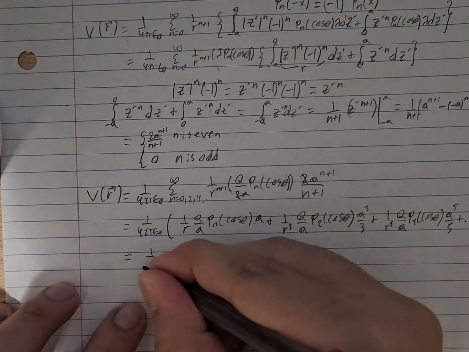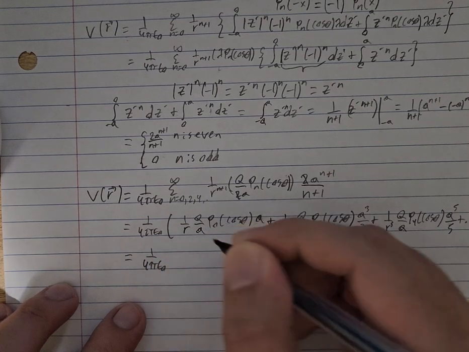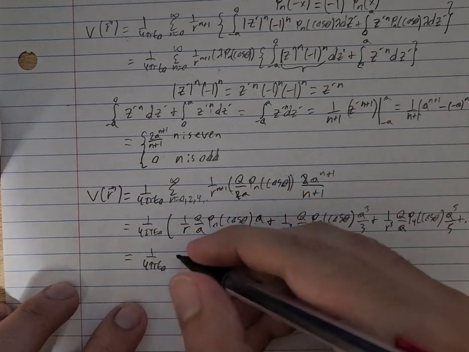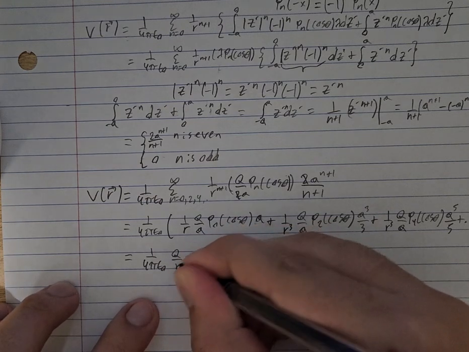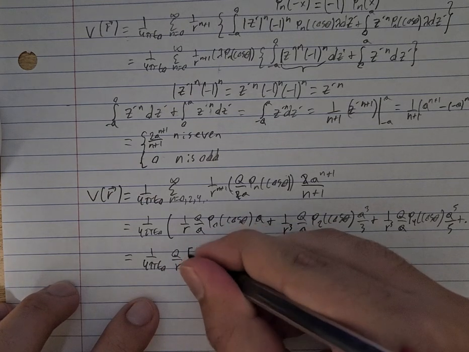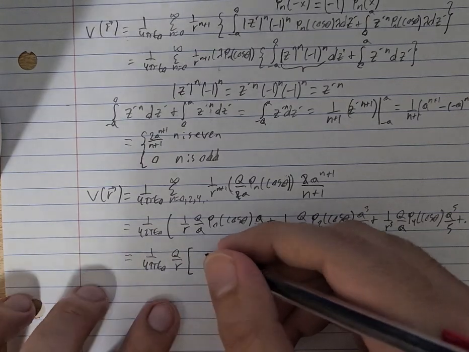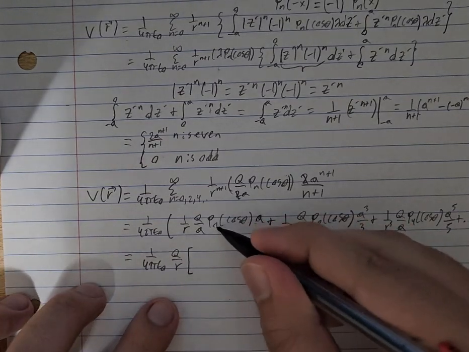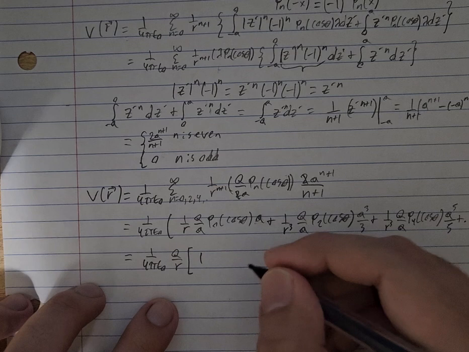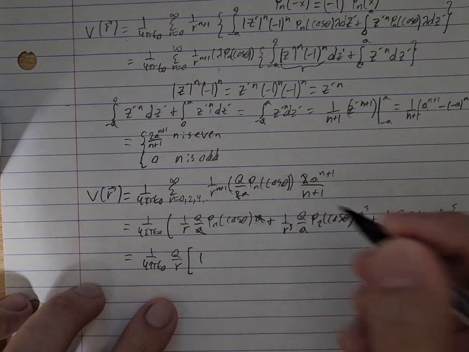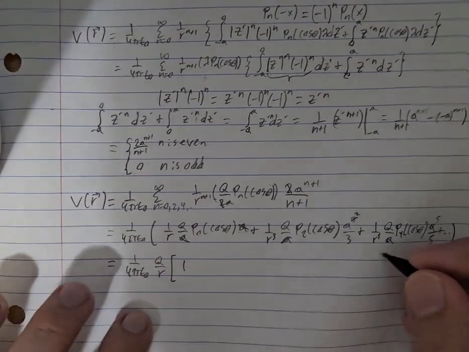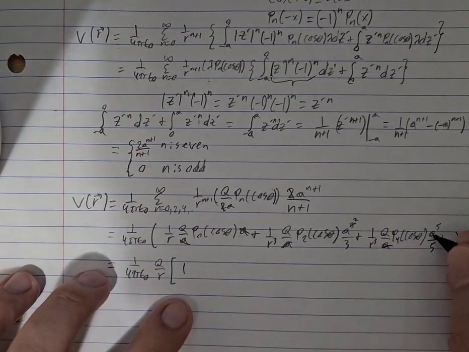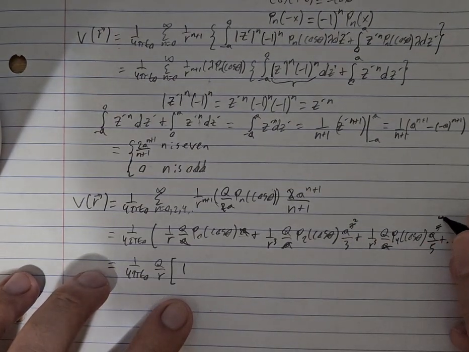Now we can actually take a q over r out of this expression, leaving us with 1, because P0 of cosine is just 1, where these a's are going to cancel, these a's are going to cancel, and these a's are also going to cancel for every term.